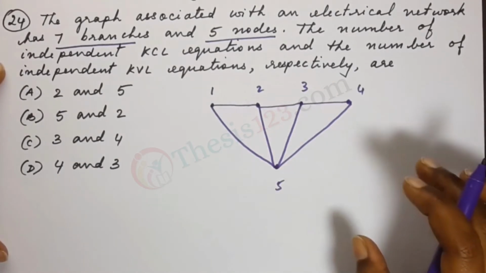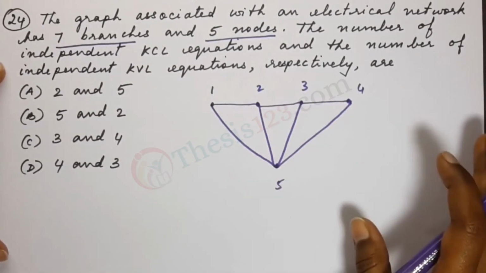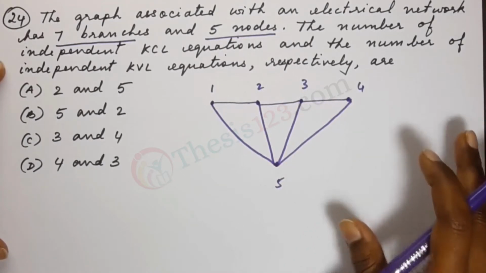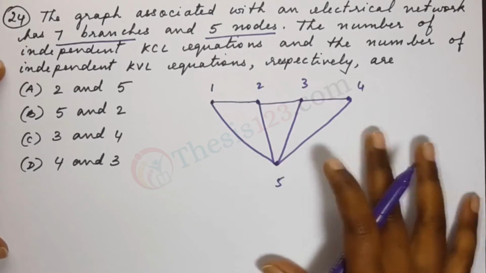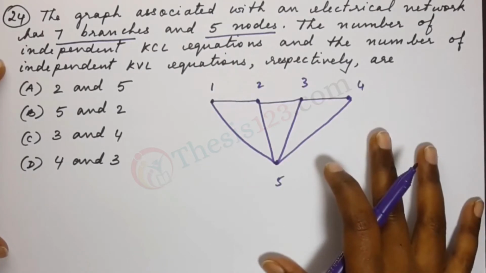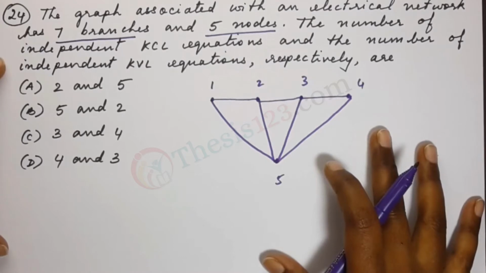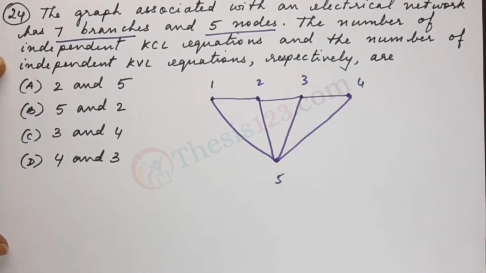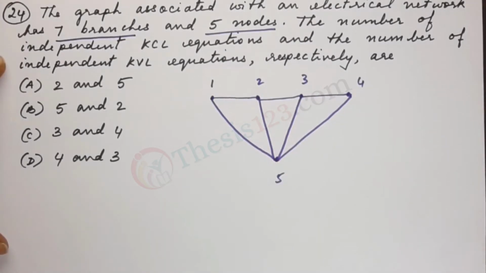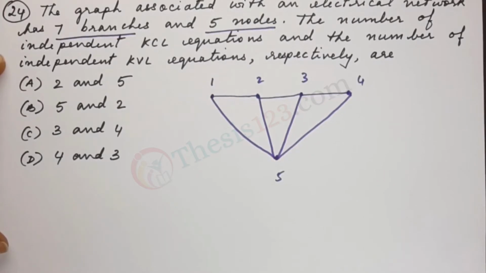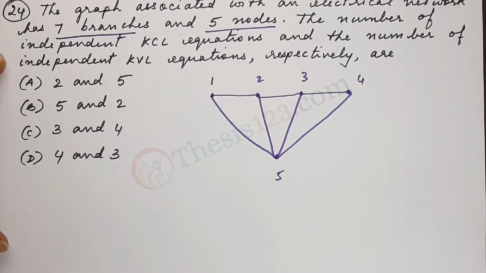You can draw any kind of connections as you wish, but in general I have put it down this way. And so we need to find out the number of KCL equations and KVL equations. For current, it depends on the number of nodes that are there.